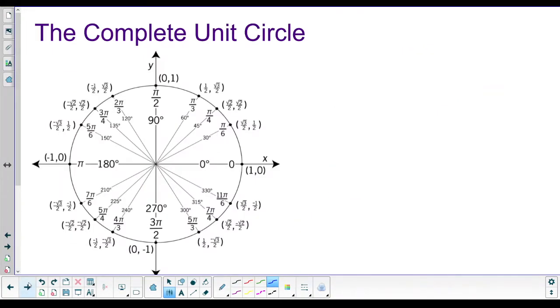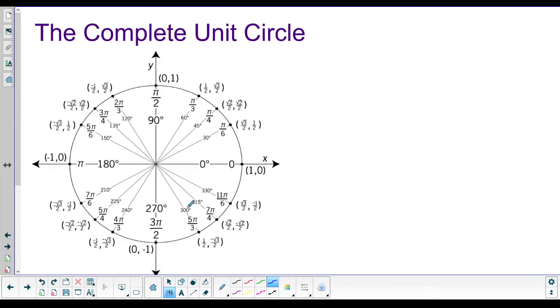All right. Here is a complete unit circle. I will probably post this as a picture in the notes or something for you to have. But you should probably copy this down. You want this available whenever you're taking tests and quizzes, because I kind of expect you to memorize this or have it readily available.